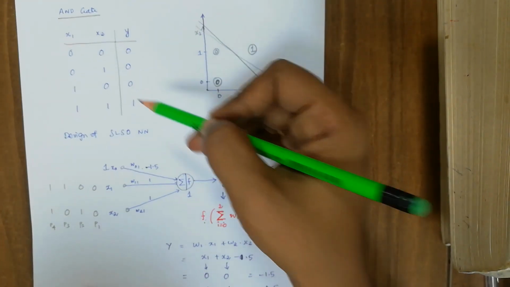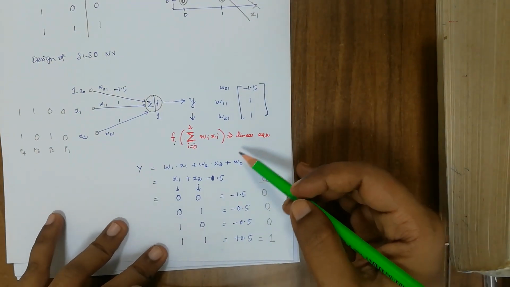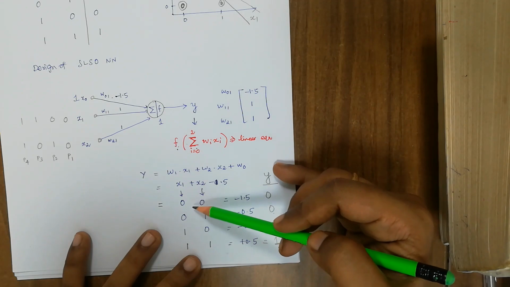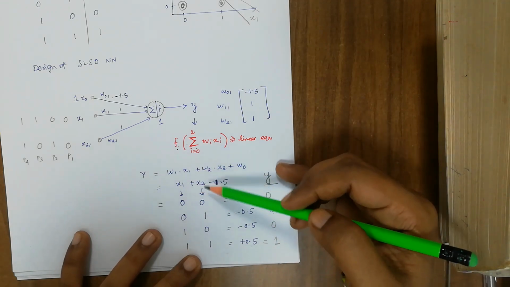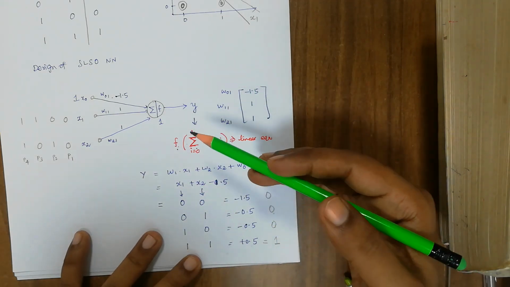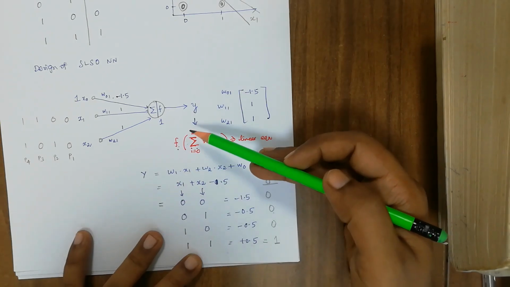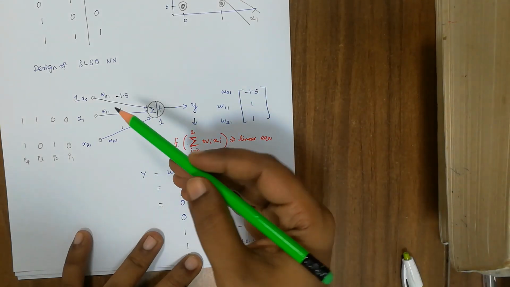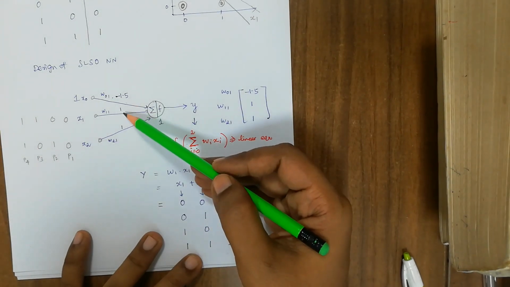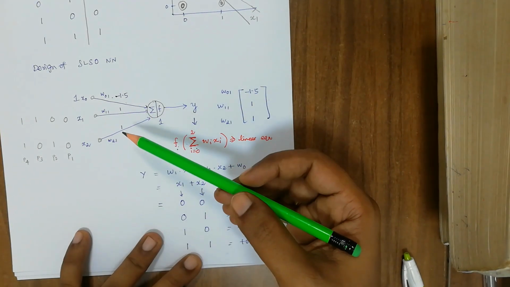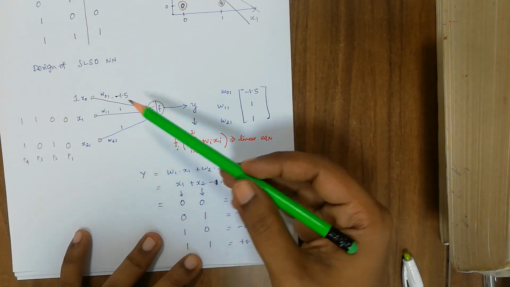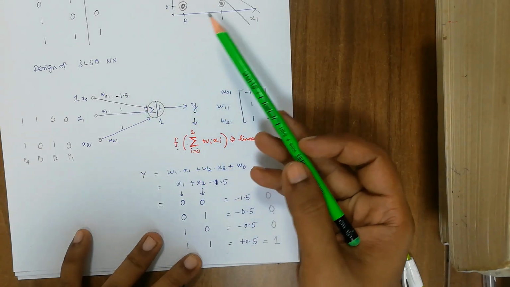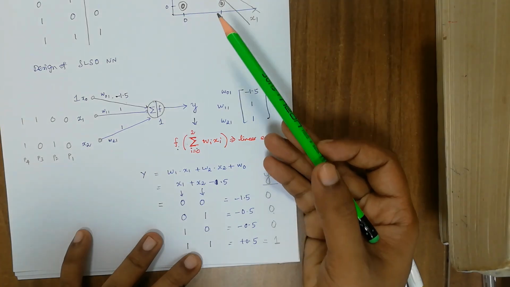Since these two are satisfied, we are able to design a simple neural network with these weight vectors, where the design of the weight vector is very important in order to implement the AND gate function. The weight vector for the AND gate is minus 1.5, 1, 1. Note that this is not the only weight vector which will work correctly for linearly separable cases.